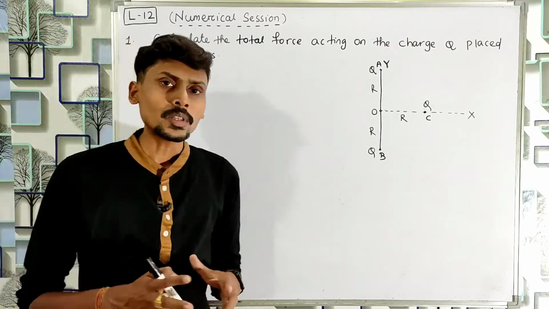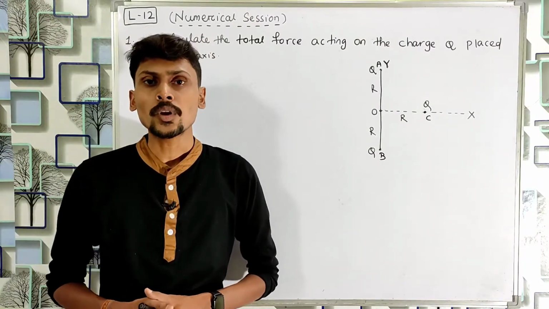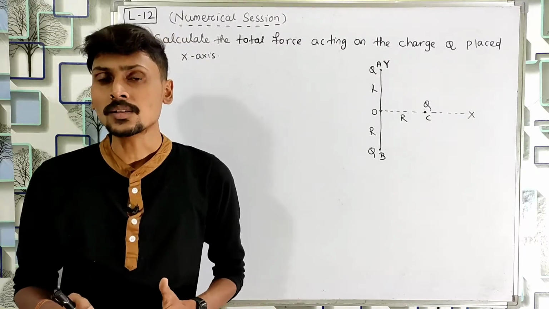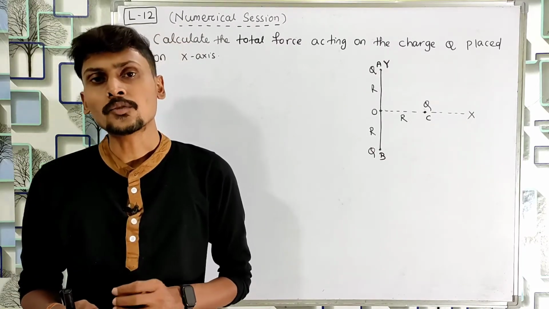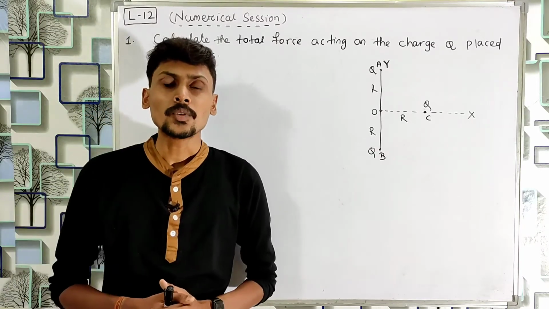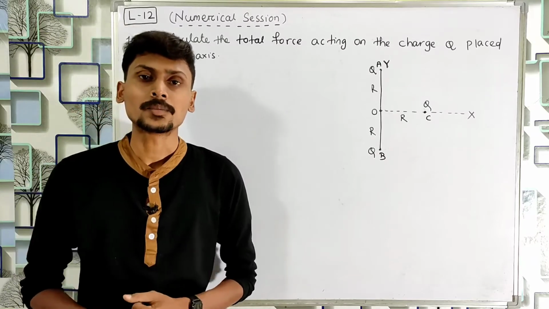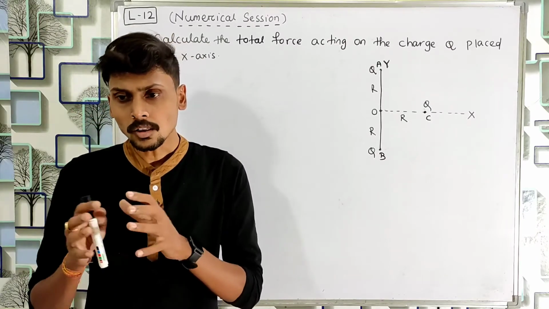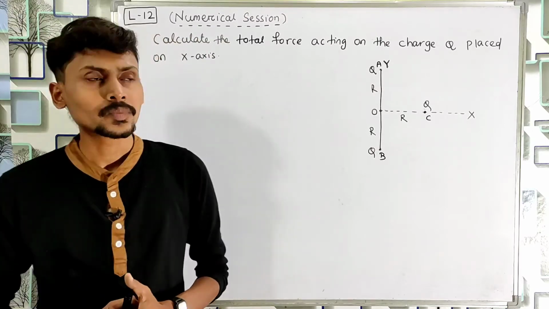Students, we know that according to the superposition principle of Coulomb's force, whenever we have more than two charged particles interacting with each other, to calculate the resultant force on a given charge, we first calculate the different forces acting on it, and then add all the forces vectorially to find the resultant force.